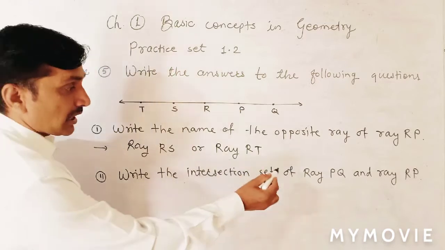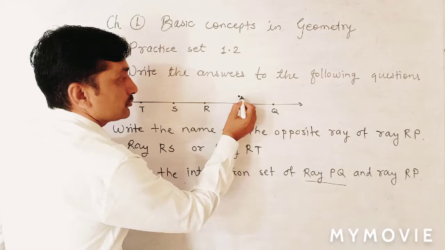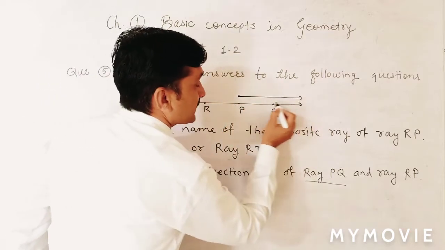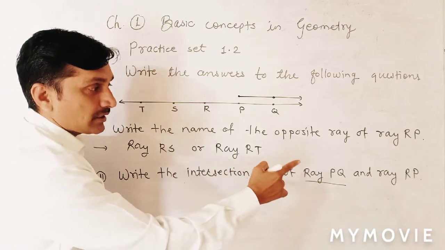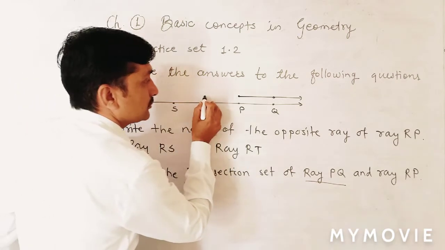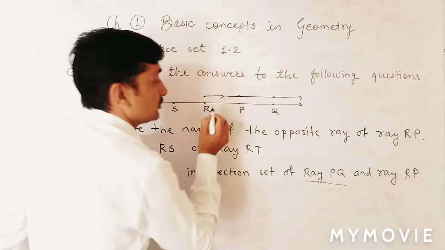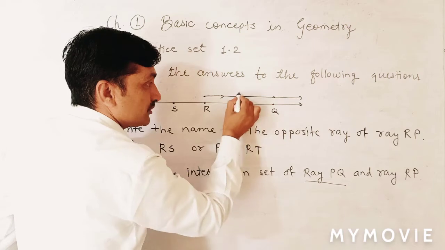Let's see. Ray PQ is going to the right side, and second is ray RP, coming from here. Now ray RP and ray PQ, what is common in both?